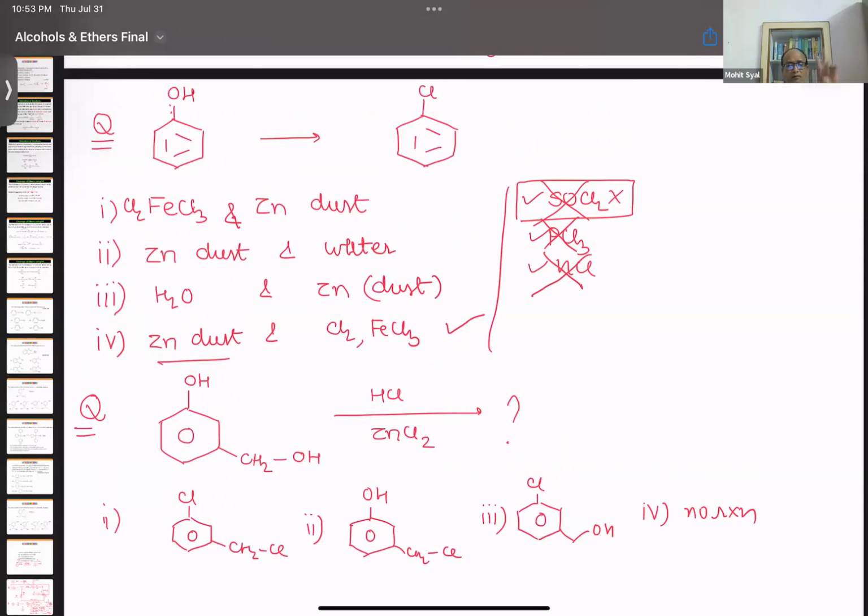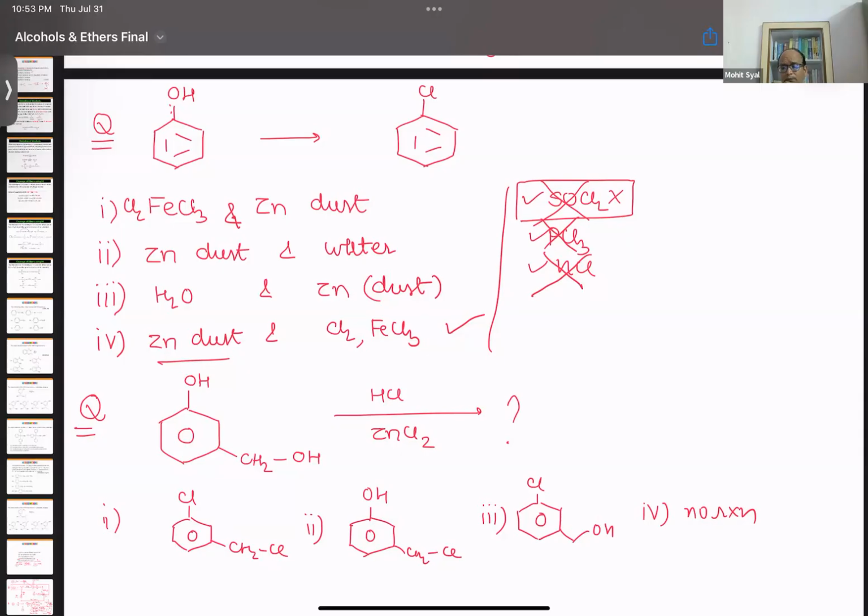There are two types of alcohol. One is directly connected to benzene, and another is connected to a normal carbon containing group. The one connected to benzene is known as aromatic alcohol, because benzene is an aromatic compound, and the one connected to normal carbon is known as aliphatic alcohol. Got it?